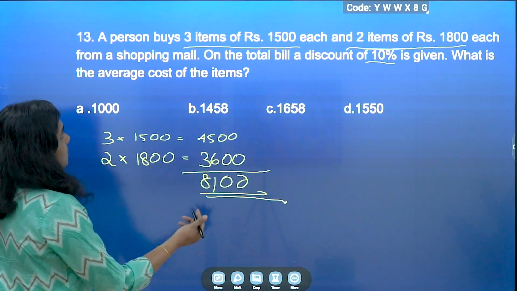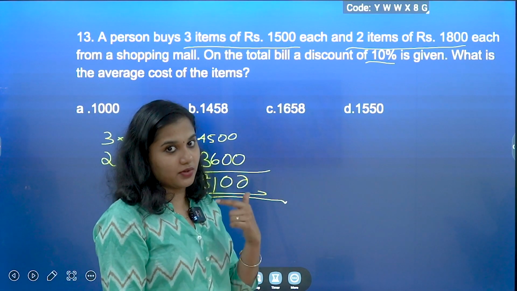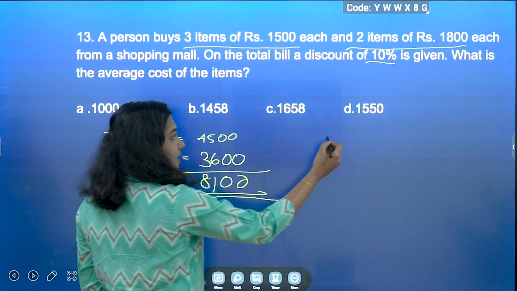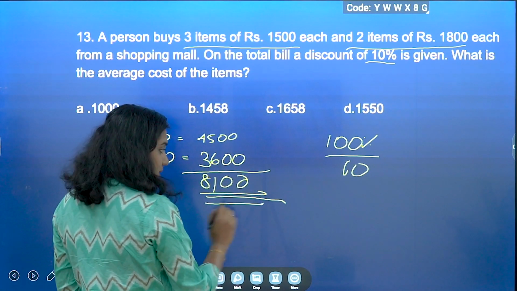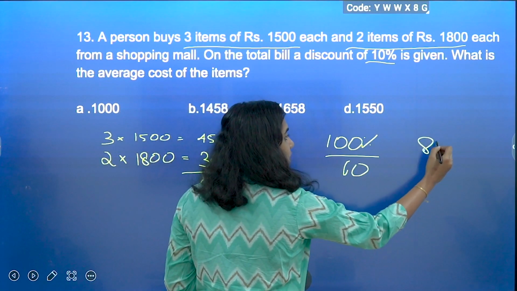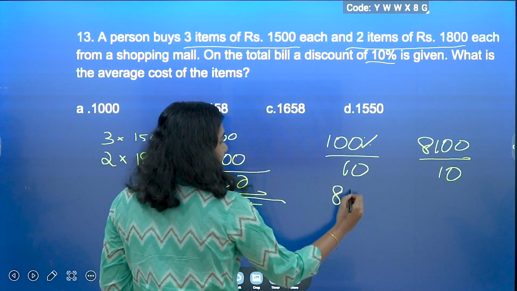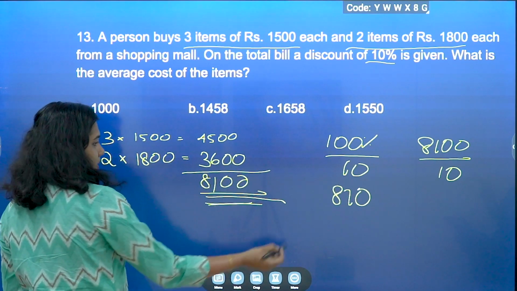So what is the 10% of 8100? In the last video I told you how to find out the 10% easily, right? So 10% means 100% divided by 10. Here our 100% is 8100, so 8100 divided by 10 is 810. That means from the right hand side, move a place and put a decimal point.